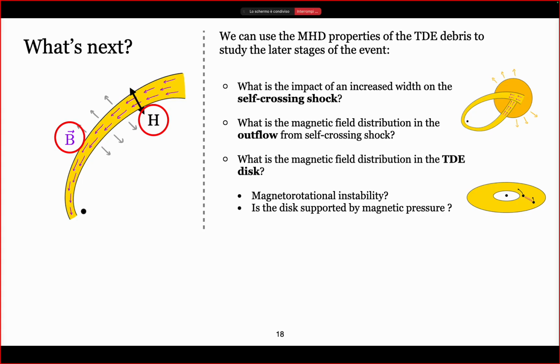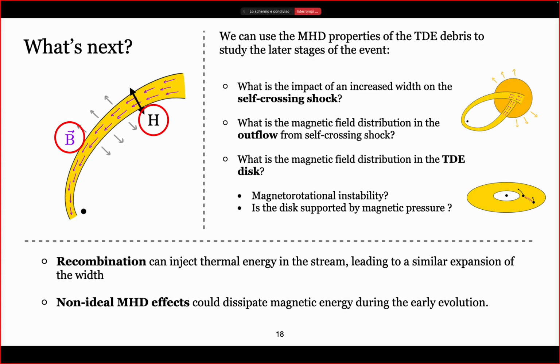In particular, what we want to know is how this effect of a thicker stream and how magnetic fields in general will affect the stream-stream collision, and how the magnetic field will look in the outflow launched during the collision, and therefore also in the accretion disk, and that will tell a lot about whether, for example, the magneto-rotational instability is going to develop or not.